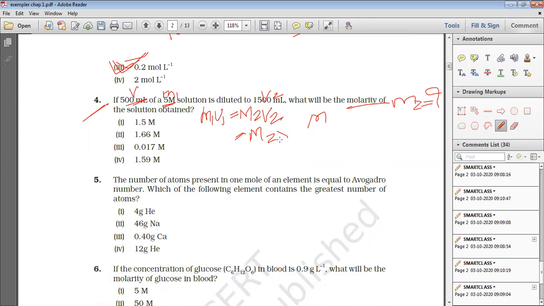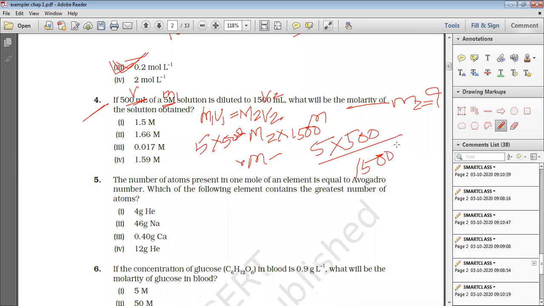For V2 we'll write 1500. For M1 we have 5 and for V1 we have 500 ml. So your M2 is going to be 5 multiplied by 500 divided by 1500. Easy?